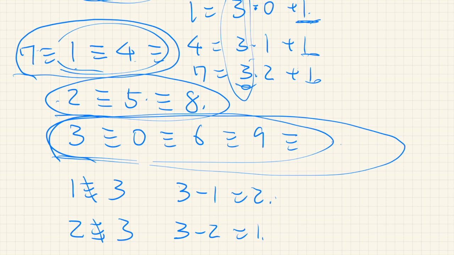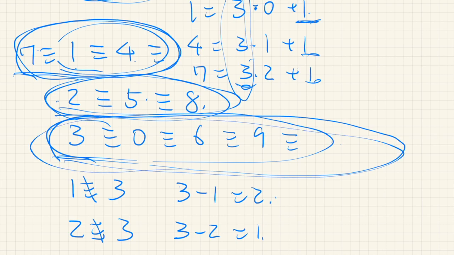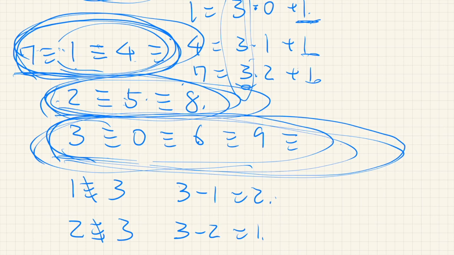Okay, and all integers belong to either this class or this class or this class. So any integer can be divided into 3 classes. And also, it's important to note that these 3 classes do not overlap. They have no common elements. Anything that belongs to this class does not belong to other classes, and same applies to other classes also.